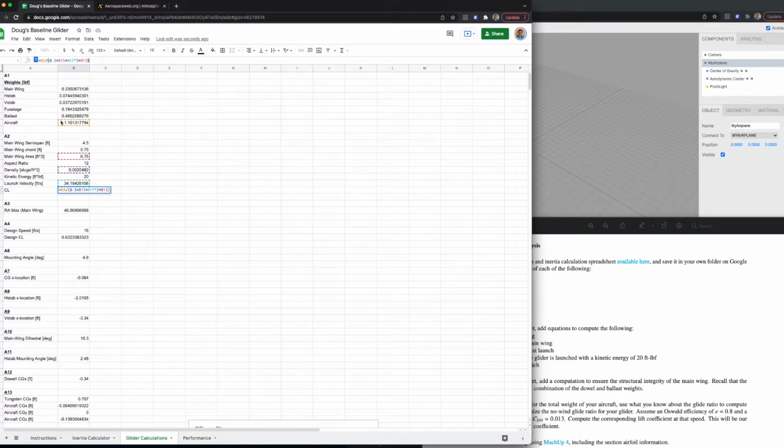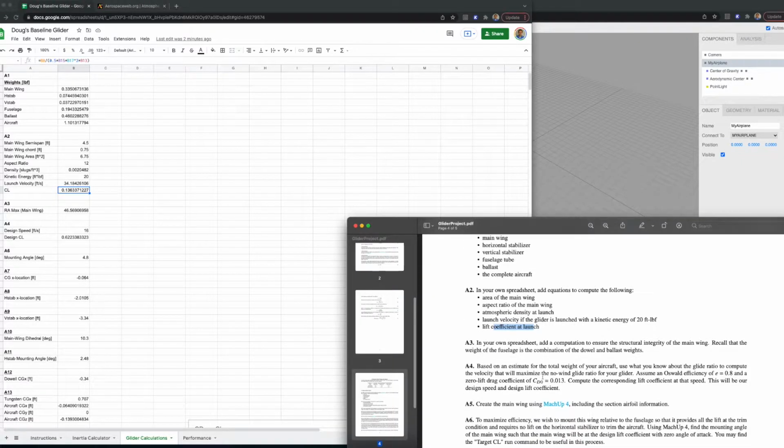So we've got the weight of the aircraft here, B8, divided by 1/2 rho, which is our density, times the velocity squared, we're at 34 feet per second, times the wing area, which is 6.75. And I'm just referencing the cells that have that information in them, so I don't have to type them in. So anyway, it says we're launching at a lift coefficient of about 0.136. That's if we use the full kinetic energy here of 20 foot-pounds.